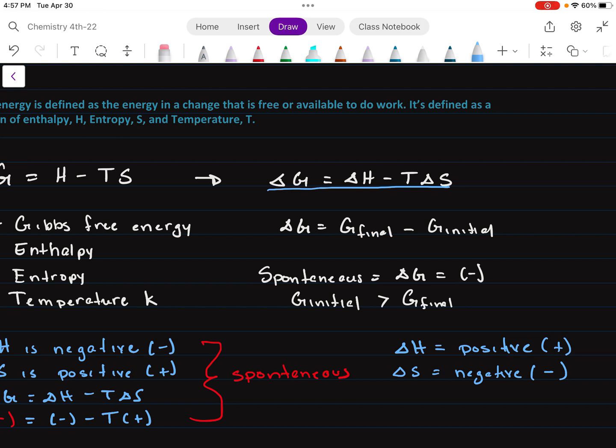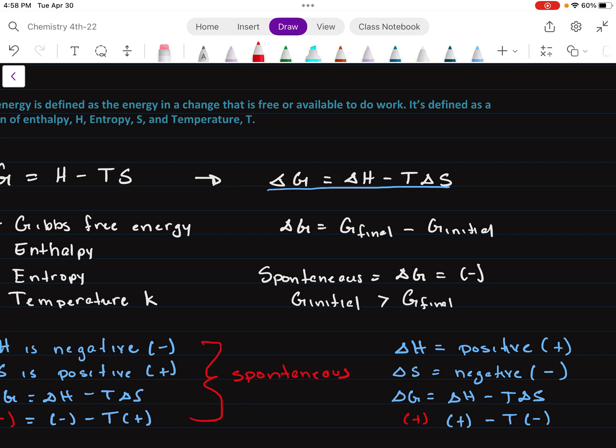And if I have delta G is equal to delta H minus temperature times entropy, then it looks like this. A positive value minus a negative value is going to end up positive. So this is going to result in a positive delta G.